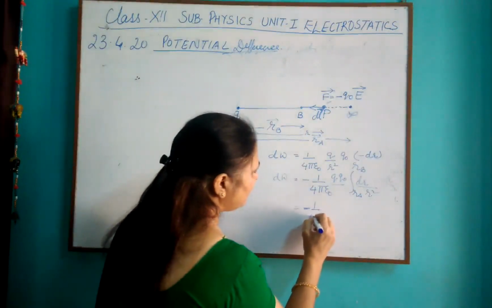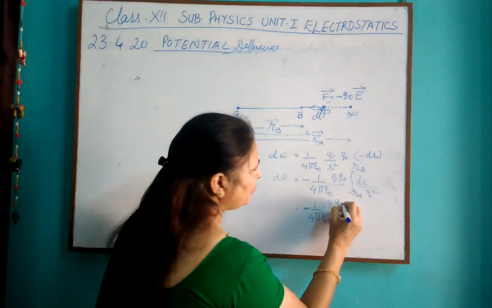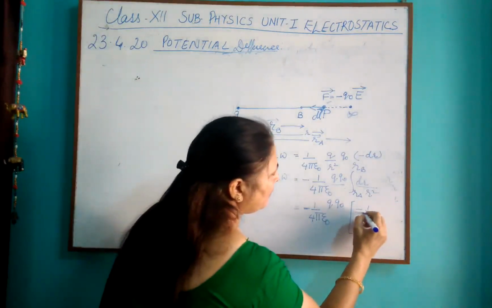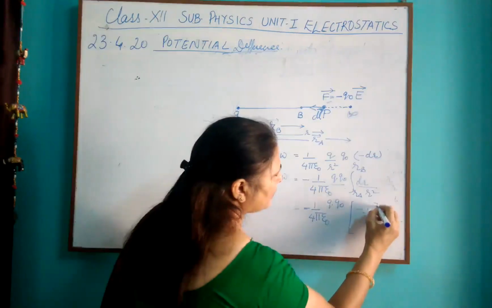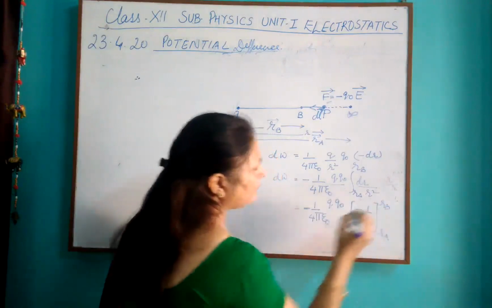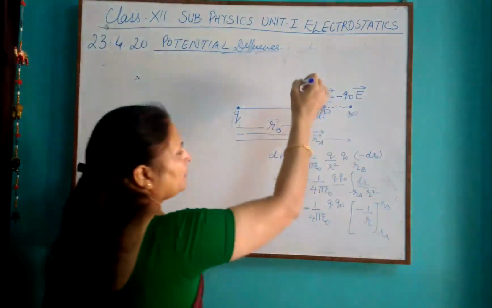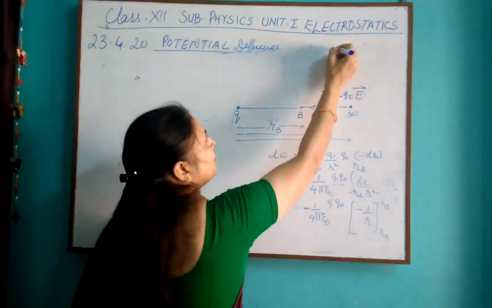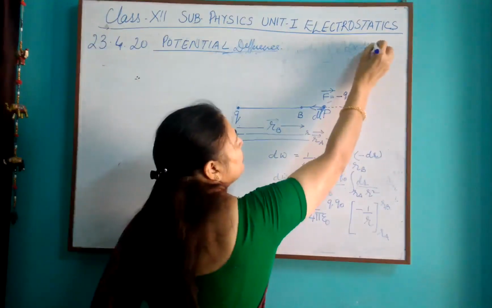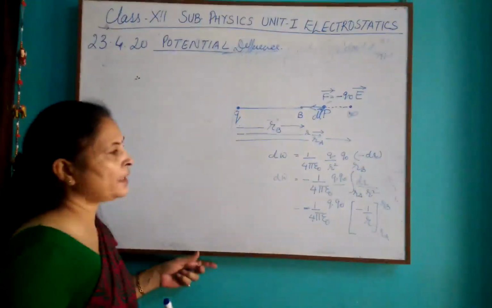Minus 1 by 4 pi epsilon naught Q naught. Integration of this is going to give me minus 1 upon R, from RA to RB. Why minus? If you remember the formula, integral of x to the power n dx is equal to x to the power n plus 1 upon n plus 1.